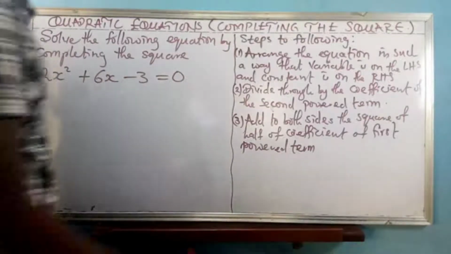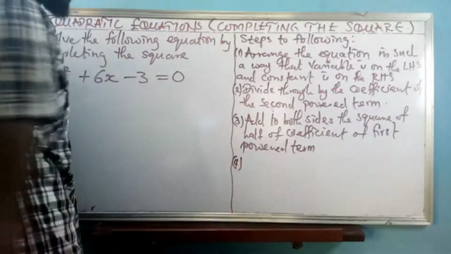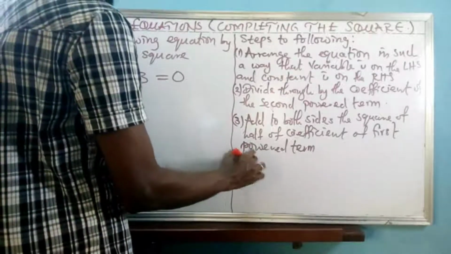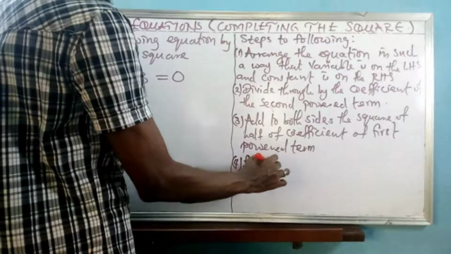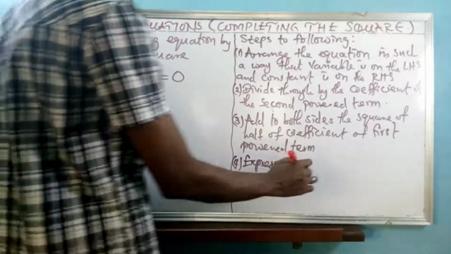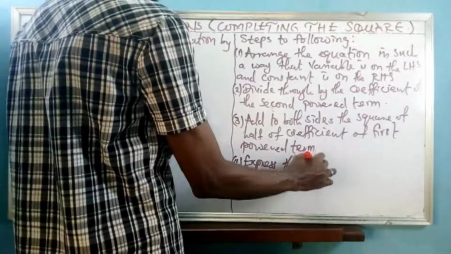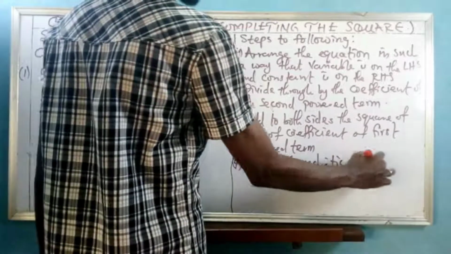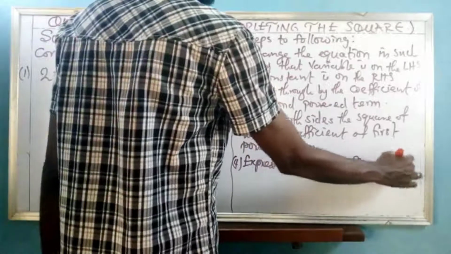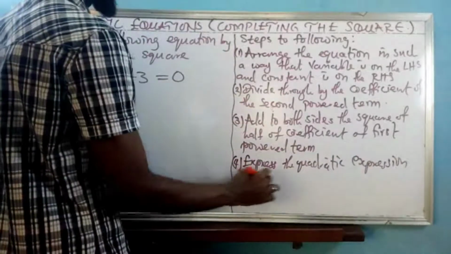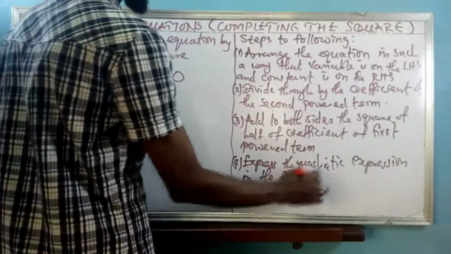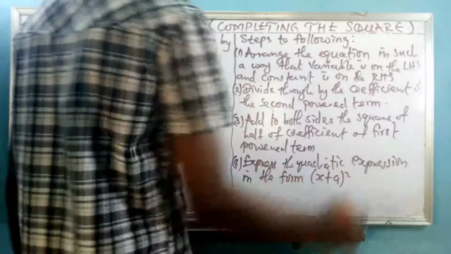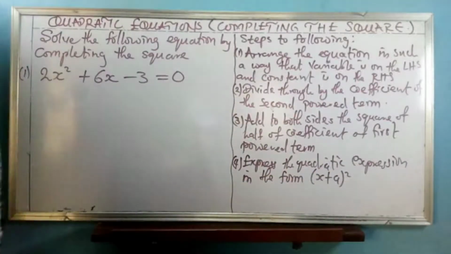That's another step. Step 4 is to express the quadratic expression in the form (x plus a) squared, just like what we have when we get to part 2. You're going to understand that one better.